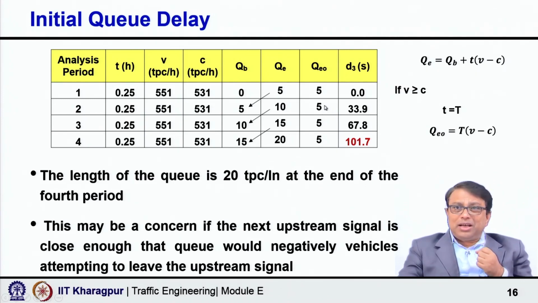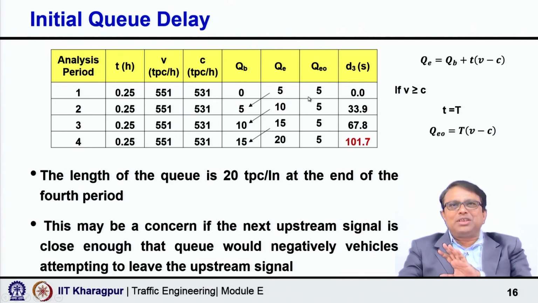It will be 5, and as I said, this Q E 0 is for when V is greater than C with QB equal to 0. It does not mean that it will be applicable only when QB equals 0. This tells you that, assuming QB as 0, the QB effect is not included in the calculation of Q E 0.